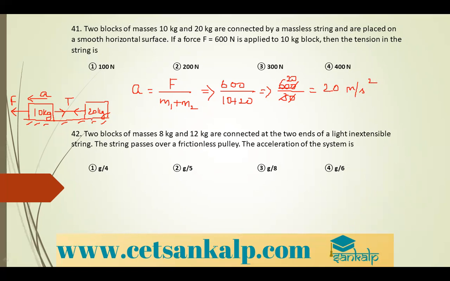Now, as you can see, the tension is acting on M1 and M2. M2 has the tension, right? So again, T is equal to M2 a. So M2 is 20 into 20. It is 400 Newton.